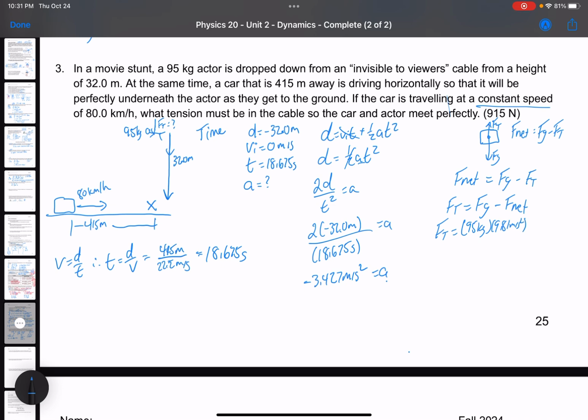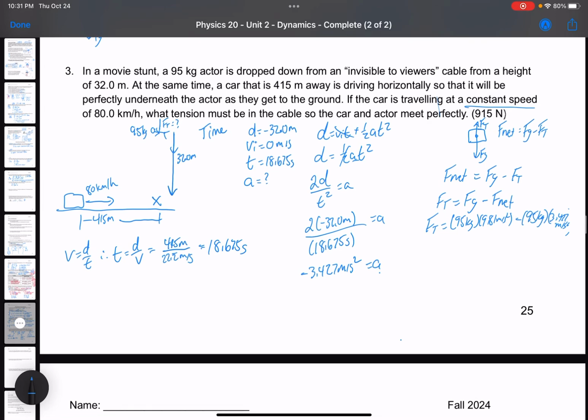I'm showing you this time what it looks like if you don't do the factoring. And 95 kilograms times the 3.427. And notice how I dropped the negative again. I talked about that earlier in the video. When you chose to subtract, you looked after that negative already. Remember, we're doing all of our accelerations here as absolute values.